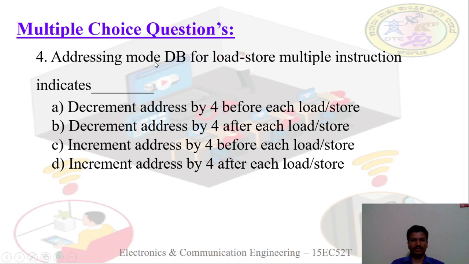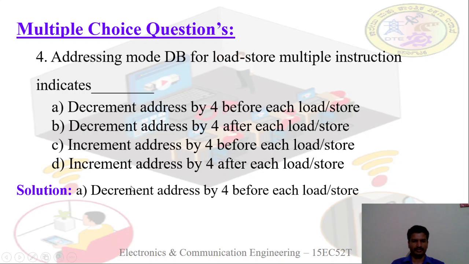DB means decrement address by 4 before. D means decrement address, B means before. So decrement address by 4 before each load or store. So A is the right answer.